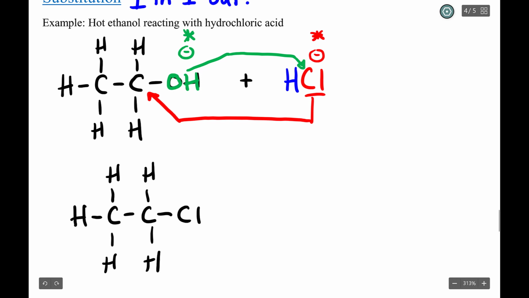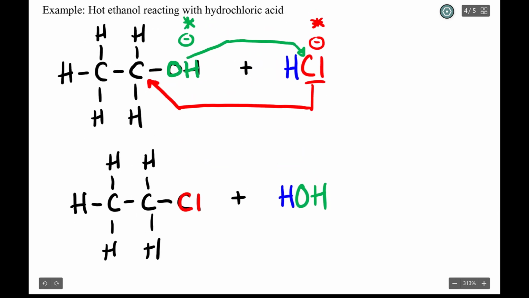And I'm going to make that red. And the byproduct here is going to be HOH, which is simply water. So one nucleophile has substituted out for another nucleophile. Whenever you have a one-to-one swap out, this is called a substitution.